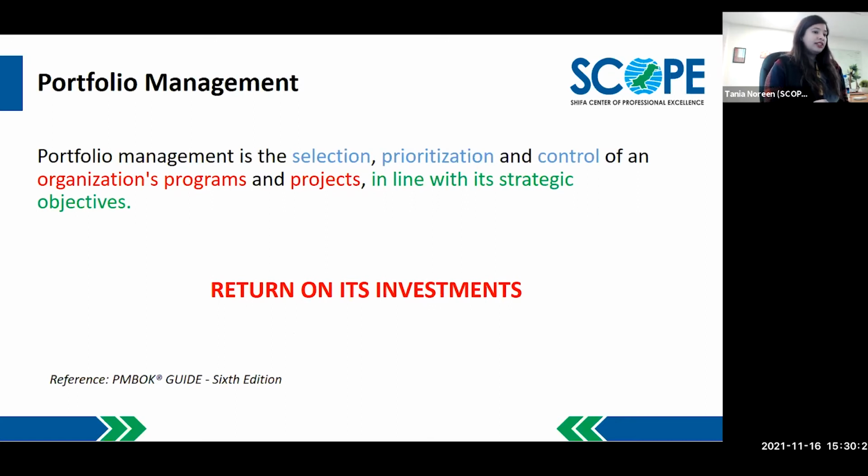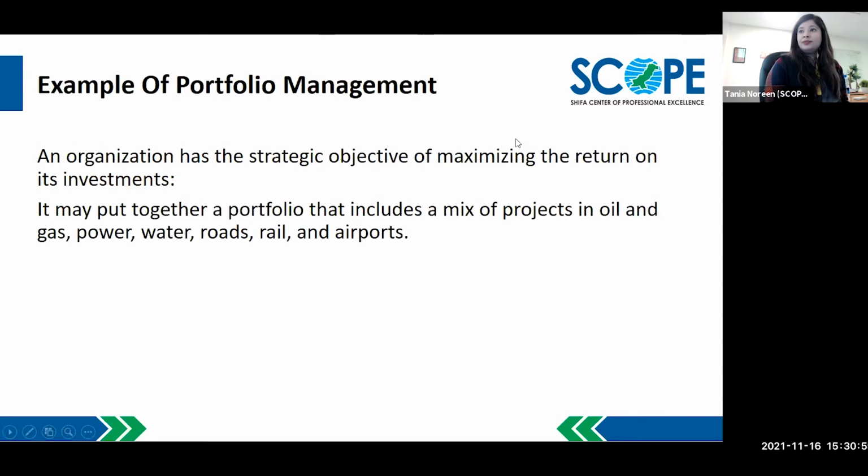The goal here is, if we are implementing some changes in our organization, the main goal is to maximize our profits. To maximize our profits, we are selecting and prioritizing the projects or the programs which are running in our organization to achieve the strategic objective. In the example which we have seen here, the strategic objective was to maximize the return on their investments.